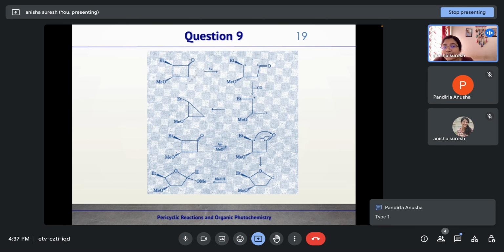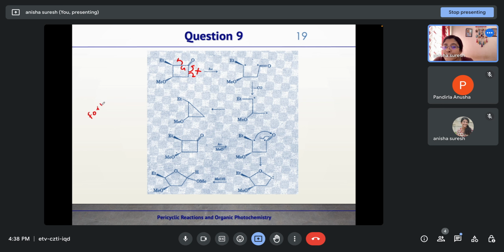So here we are having this butanone kind of system. When it is exposed to photochemical condition, alpha fragmentation will be taking place. It can either undergo fragmentation in this fashion or this fashion. This side fragmentation is preferred because it will lead to formation of secondary radical. When this fragmentation is taking place, we will get primary radical. So because of that, this is not preferred.